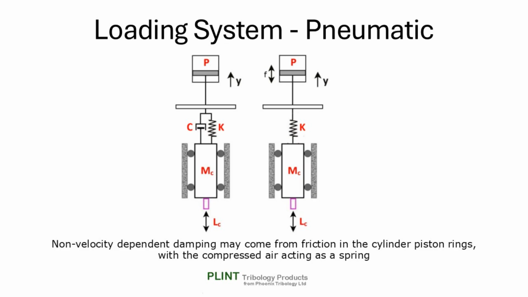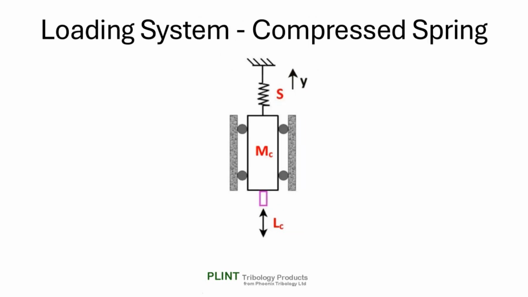This is a general model of a pneumatic loading system with vertical excitation generated once again by the tribological contact. In practice, non-velocity dependent damping may come from friction in the cylinder piston rings, with the compressed air acting as a spring. This is what a compressed spring type loading mechanism might look like.